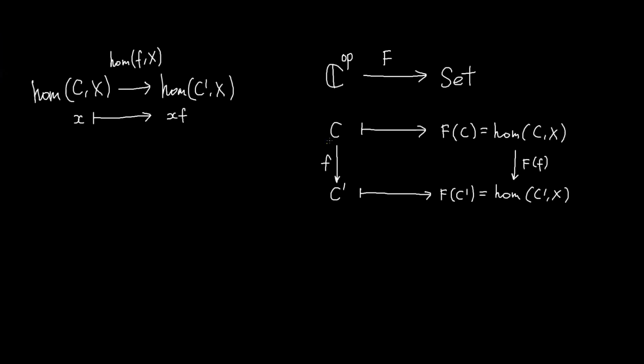However, a morphism f from C to C prime in C op is the same as a morphism f from C prime to C in the category C, right? So this is happening in C op, but a morphism in C op is the same as a morphism in the opposite direction in C. And hence, indeed, we do have a value of the functor at such a morphism.